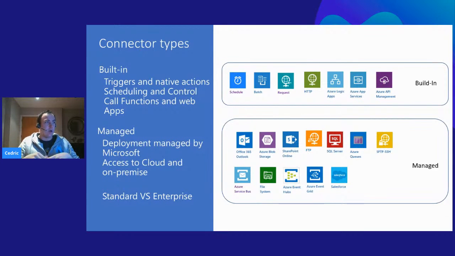Your built-in ones are your classic triggers, your scheduler, a batch operation, maybe an HTTP trigger, maybe another Logic App triggering, Service Bus, and the likes, right? Basic stuff. Your control is there. Your variables are there if you want to store some sort of variable or manipulate some variables. So really the basic stuff, that's your built-in connectors.